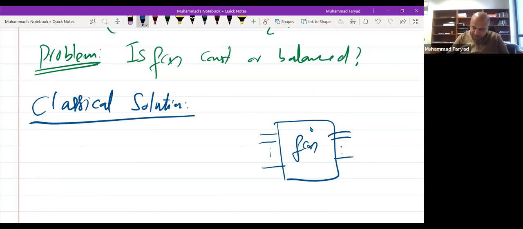Sorry, I drew it like this, but actually this oracle has many inputs and there's only one output, not many outputs. There's only one output because at the output it's either 0 or 1.